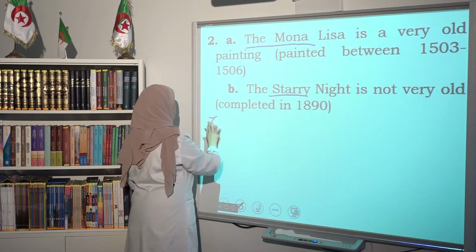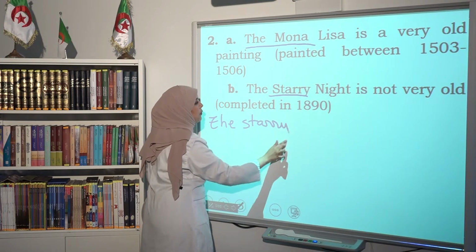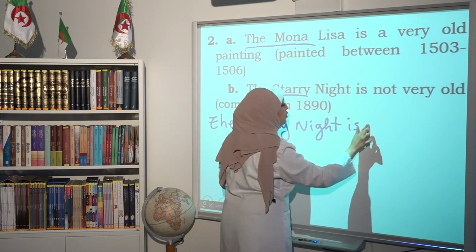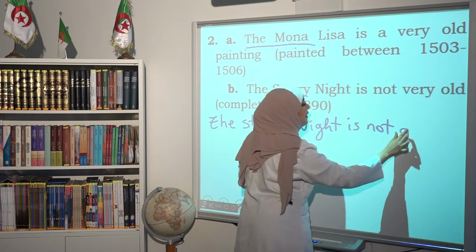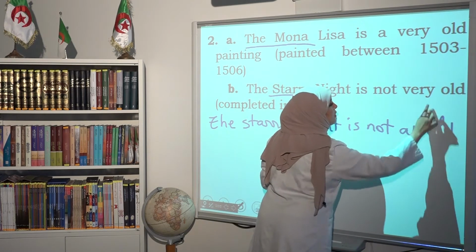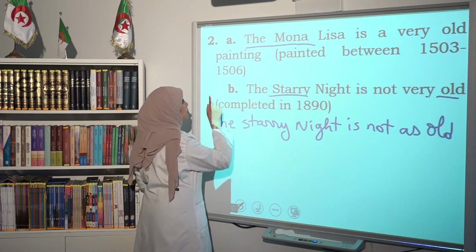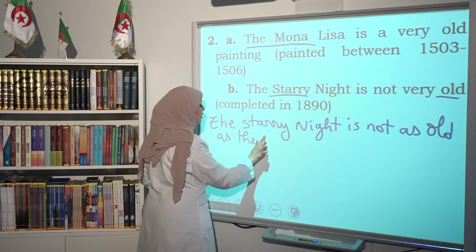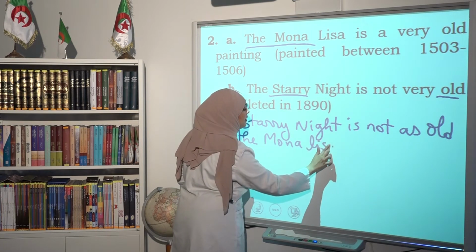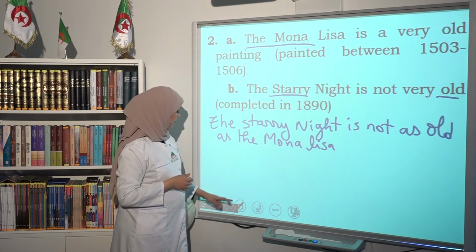So I'm going to say the Starry Night is not as old, this is my adjective, as the Mona Lisa. Again, it means the Mona Lisa is an older painting than the Starry Night, okay?